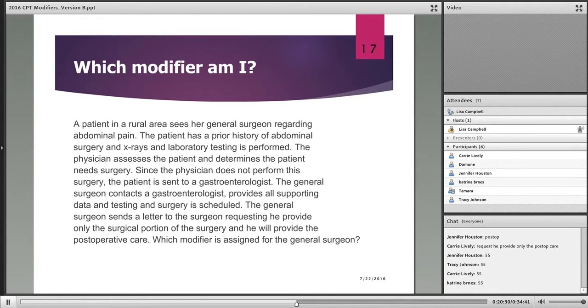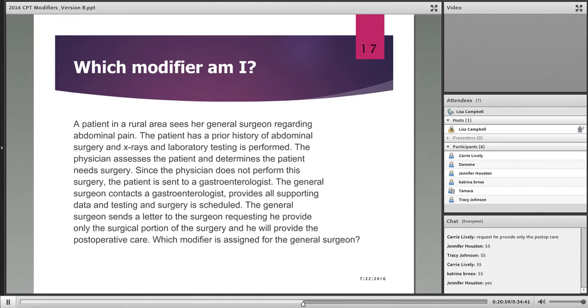So one thing that's very important, when you have these long scenarios, it's very easy to get caught up in the scenario and lost. And you have to keep asking yourself, what is the question? So remember that not all specialist physicians perform surgery.